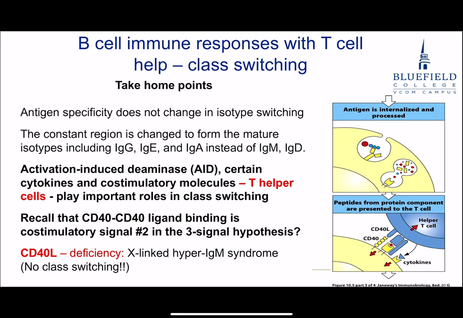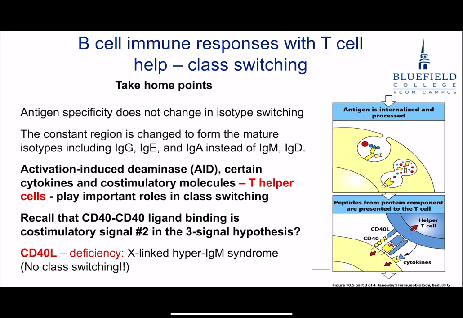And so there's a syndrome called CD40 ligand deficiency, and we'll talk about that in our immune deficiency lectures. This is an X-linked hyper IgM syndrome. So a child with CD40 ligand deficiency can't go past IgM.